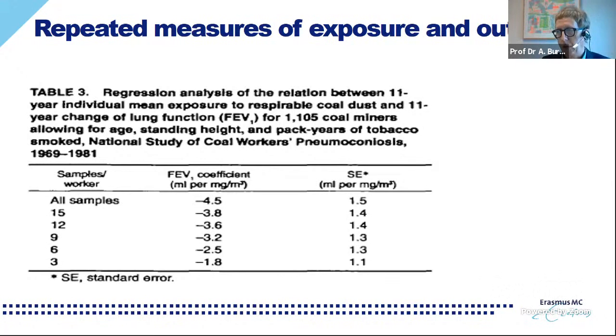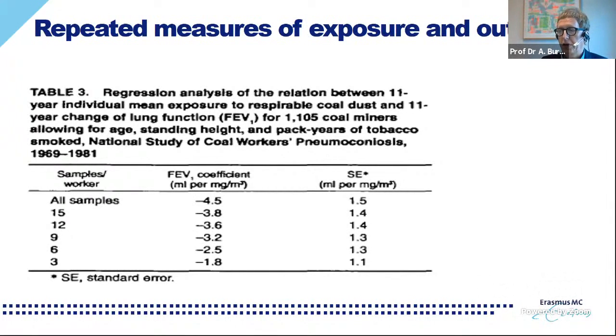And what was possible in this data set is to ask yourself the question, if I have more measurements per person, does it affect the exposure-response relationship? And yes, the classical theory would say more measurements, you probably have a better characterization of the exposure of that particular worker.